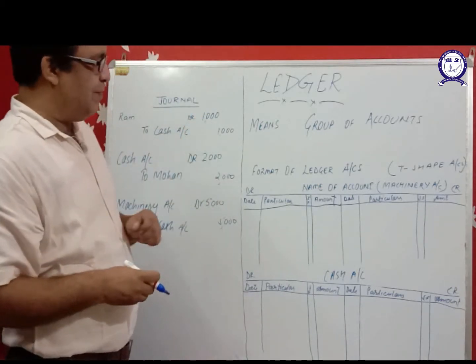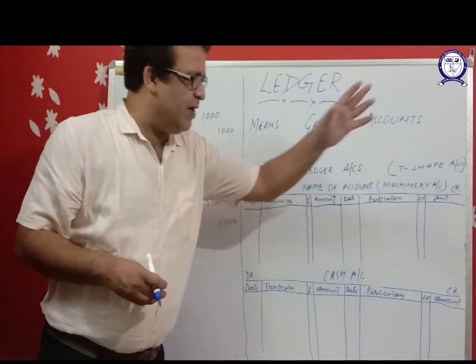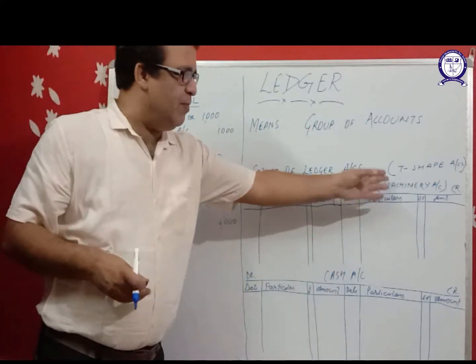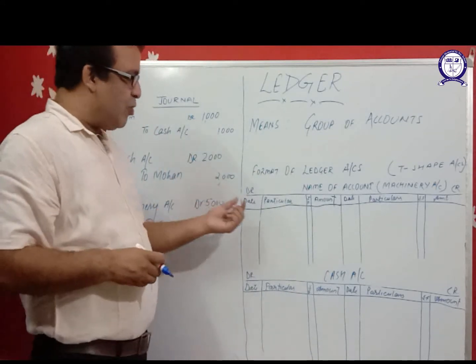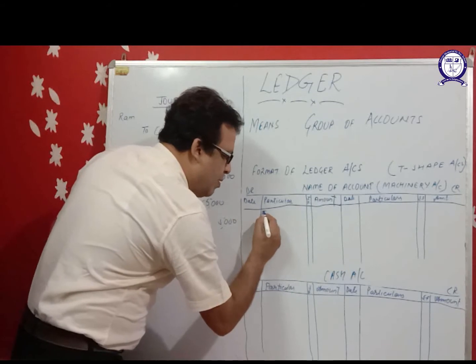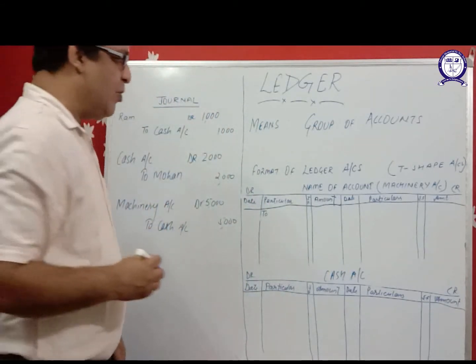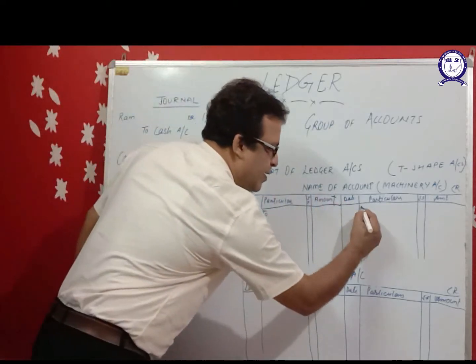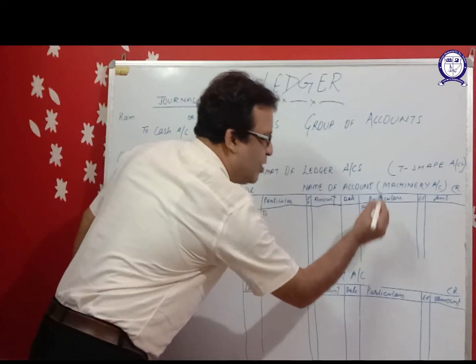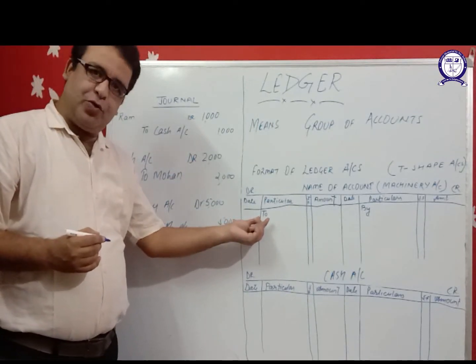In the same way, on the credit side, the transactions related to machinery will be recorded. When we record on the debit side, first of all the word "To" will be written. When we record on the credit side, the word "By" we have to write. On the debit side we have to write "To".